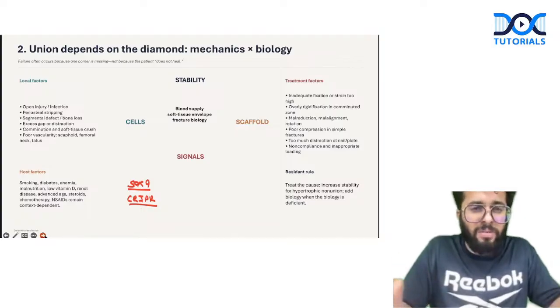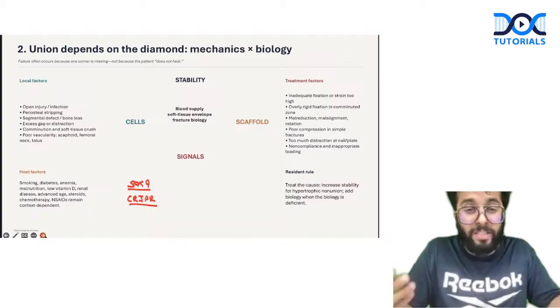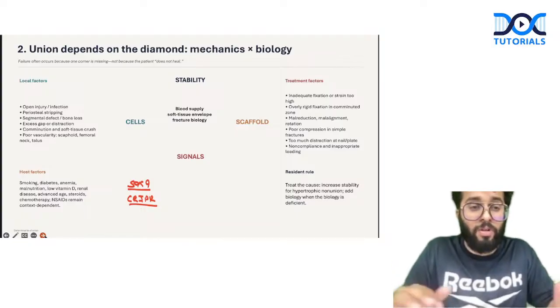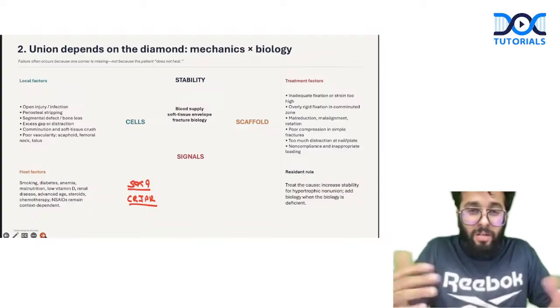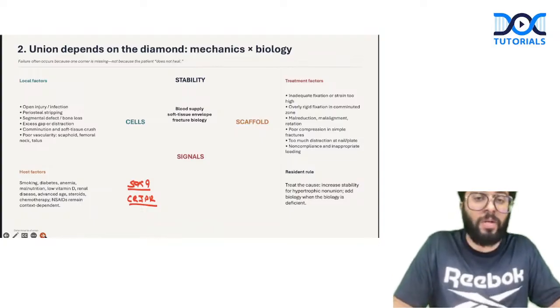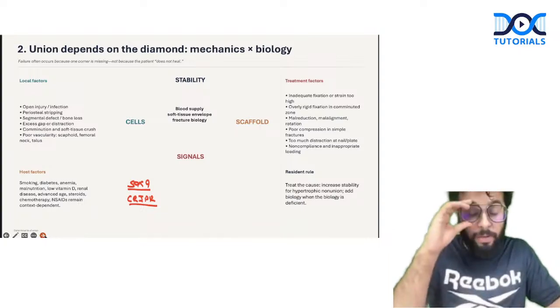Now, that did not lead to better healing. Why? Because periosteum is the source of blood supply for the bone. If you're stripping the periosteum, you're compromising the vascularity of the diaphysis, right? So periosteal stripping is not advised. Avoid periosteal stripping while plating as much as possible. There are certain situations when you will require to do it, no issues with that, but avoid it as much as possible.